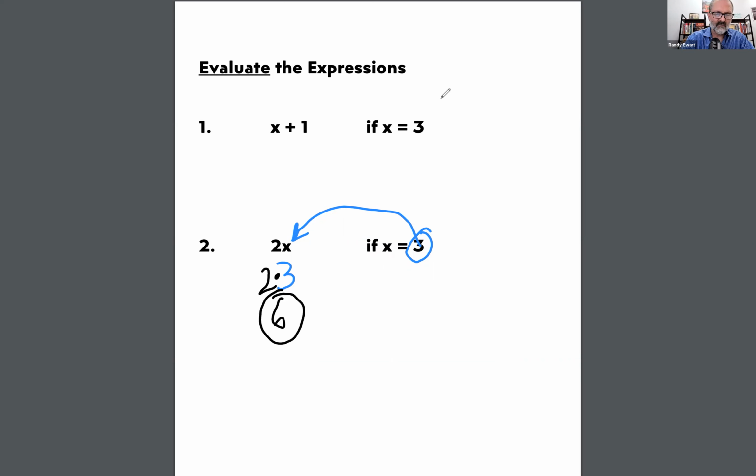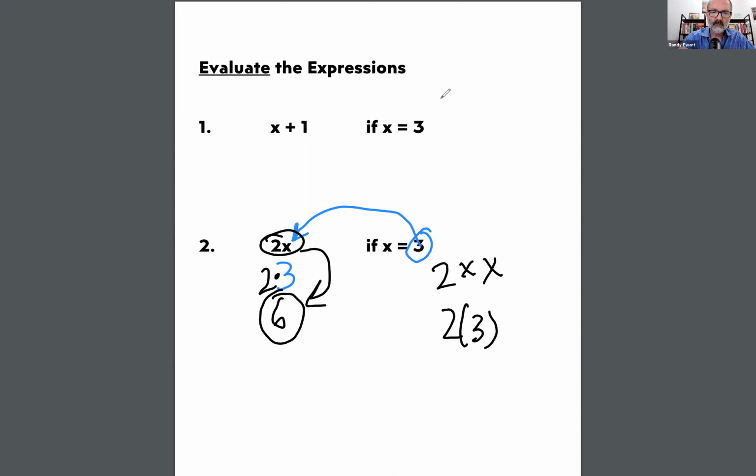And now I have evaluated the expression 2x. 2x was evaluated. I gave it a score of 6. We don't use x anymore for multiplication, because then in this problem, you'd have 2 times x. Now you get confused. Is that x an x or is that x a times? So we're not going to use that anymore. You could also write this problem like this with parentheses, and that's also times.